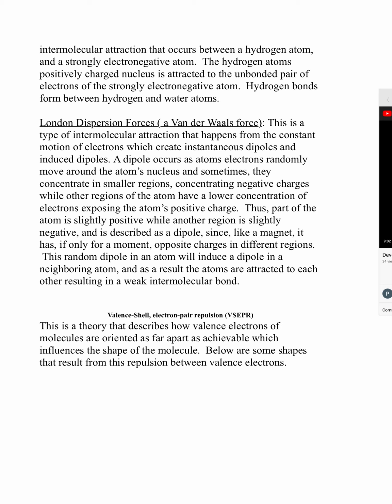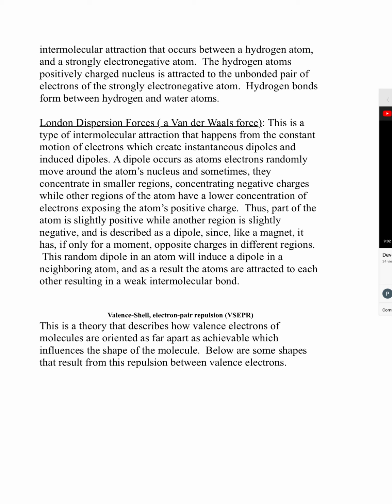A dipole occurs as atoms' electrons randomly move around the atom's nucleus, and sometimes they concentrate in a smaller region, concentrating negative charges, while other regions of the atom have a lower concentration of electrons, exposing the atom's positive charge. Thus, part of the atom is slightly positive, while another region is slightly negative, and it's described as a dipole, since, like a magnet, it has, if only for a moment, opposite charges in different regions.